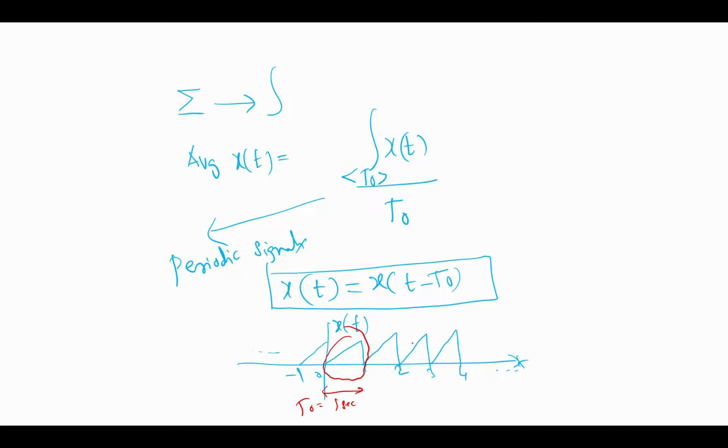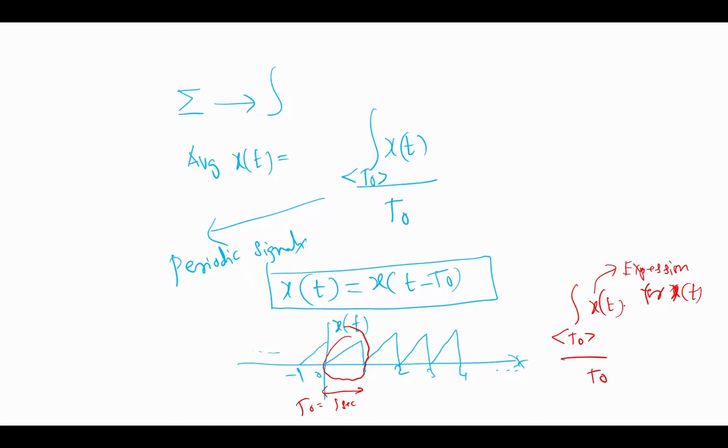So in this case, we get the average value by integrating this x of t signal over one time period. That is the reason why I'm writing one time period integration of x of t by capital T naught. The only challenge in order to get this average value is to get the expression for x of t.